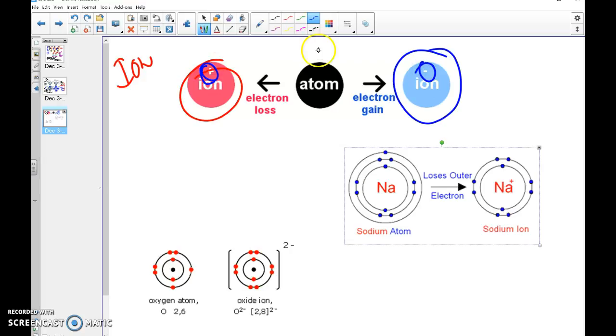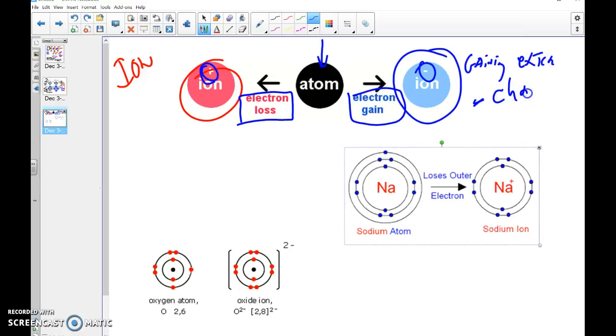Basically what happens is you start with an atom. You see the atom in the middle. If you lose electrons, it becomes a positive ion. If you gain electrons, it becomes a negative ion. That's where people become confused. Because when you're gaining electrons, you're gaining extra negative charges. That's why it becomes negative.